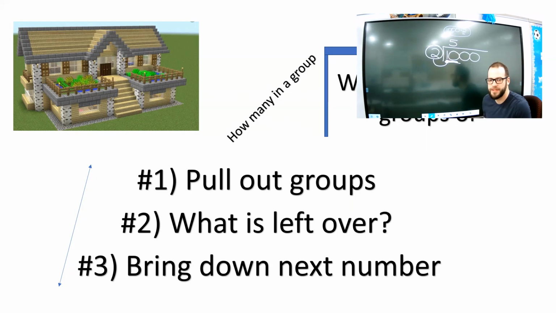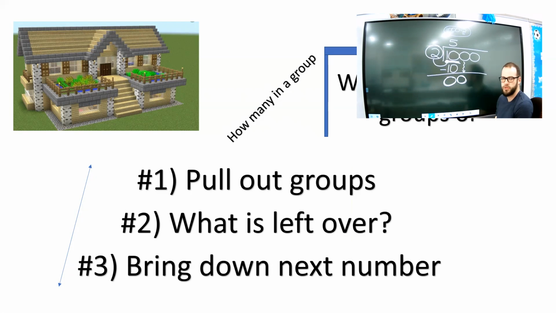Now the next step is, was there anything left over? Did it come out perfect? 2, 4, 6, 8, 10. Yeah, it came out perfect. So somewhere you need to put that there's nothing left over. And now we're done with 10 completely because we took 2 and we went into 10. Now what's left? Well, the next number is right here. So you bring it down, and after you bring down the next number, people get confused.